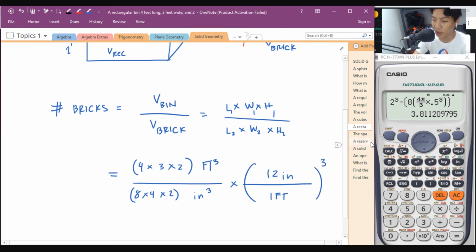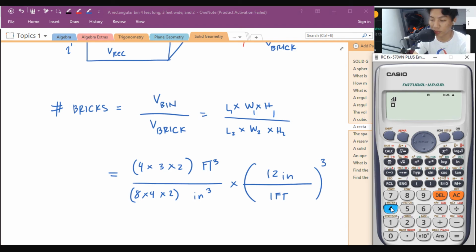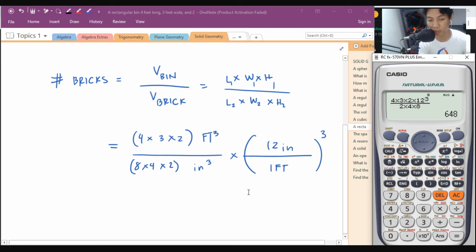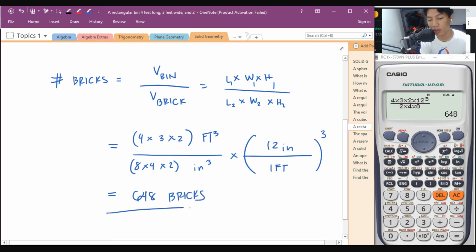O, solve na natin. So, 4 by 3 by 2 times 12 cube, divide by 2 times 4 times 8. The answer will be, you need 648 bricks. Okay. Ganun po karami yung bricks na kailangan nyo.